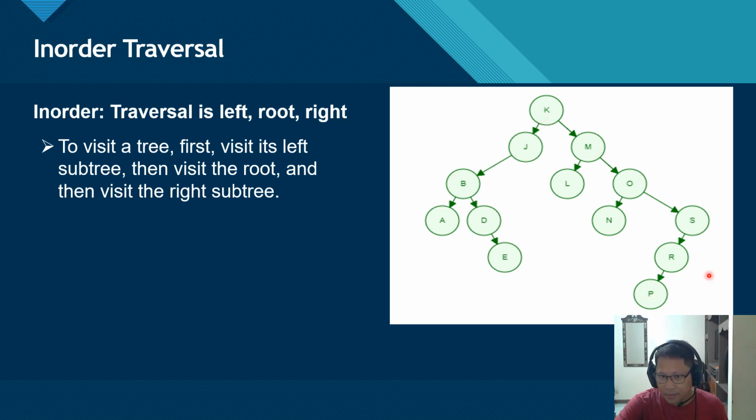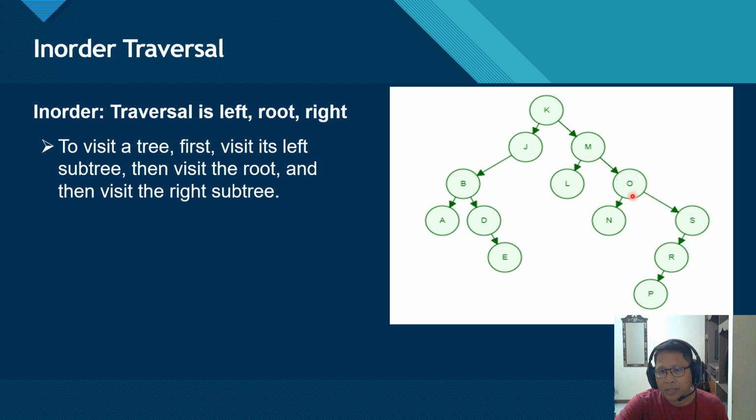Now this is the right subtree. So again we're going to the left, which is L. Now followed by the parent node, which is M.